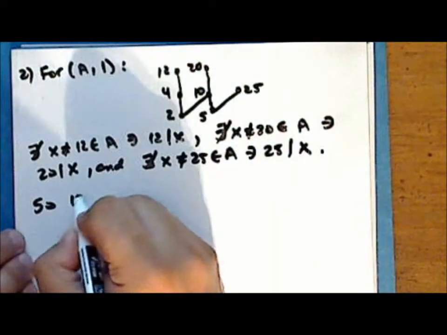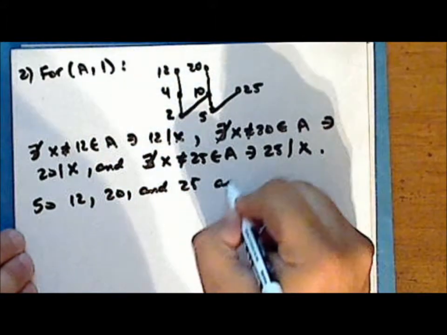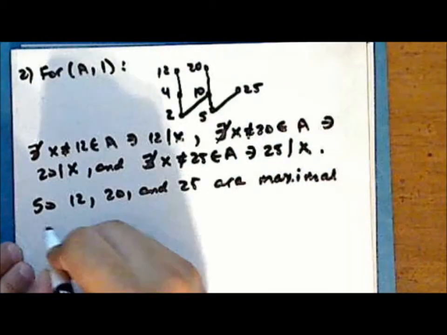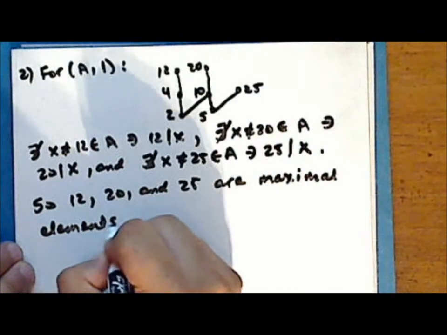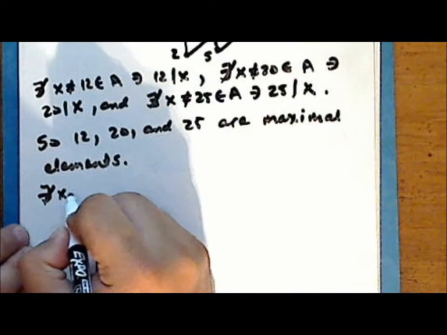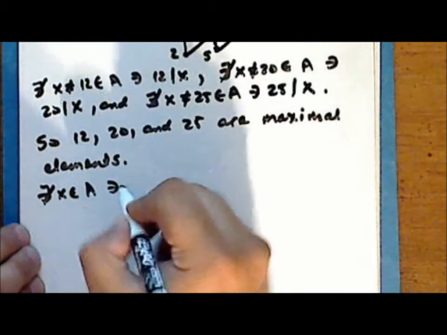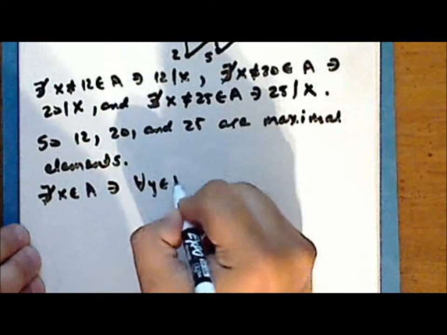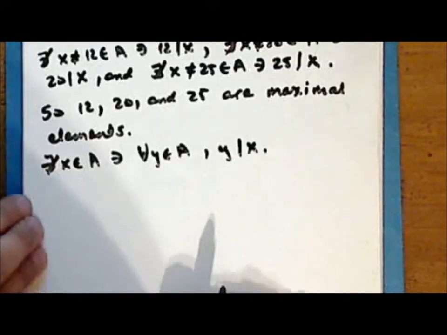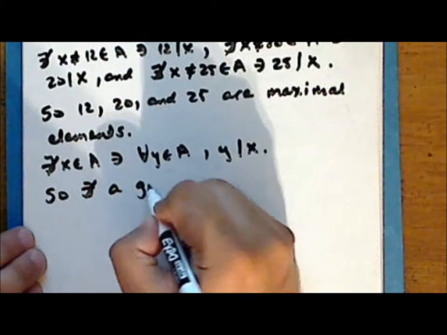And so the numbers 12, 20, and 25 are maximal elements. Now there does not exist an element x in the set A, such that for every element y in the set A, we have that y divides x, and so there does not exist a greatest element.